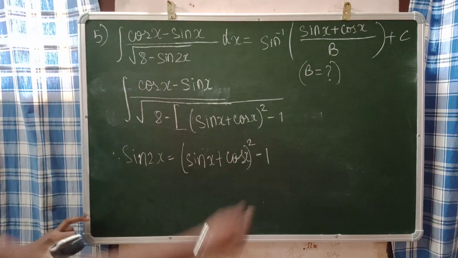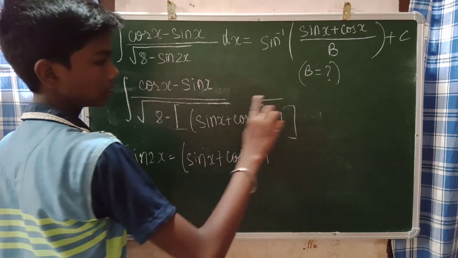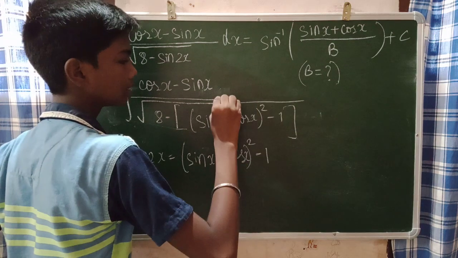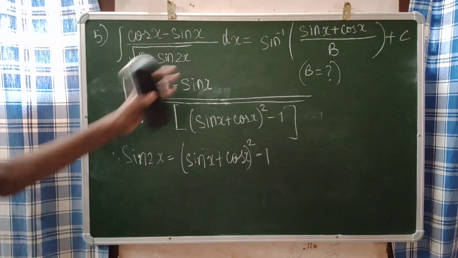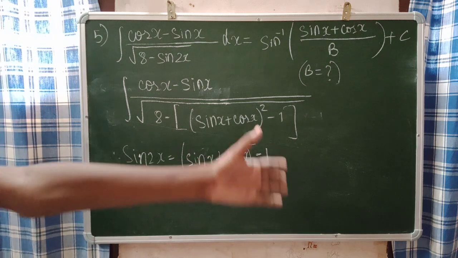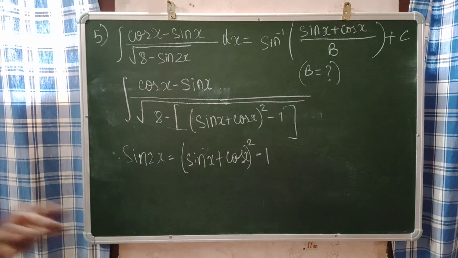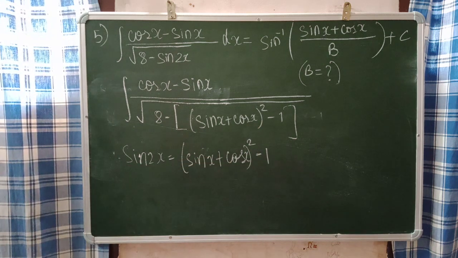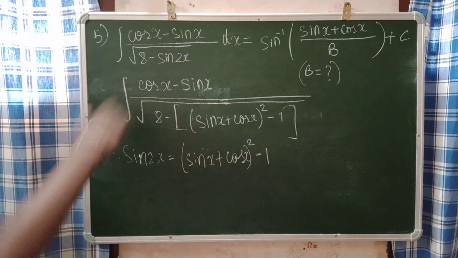I can write like this now. Think carefully: I just replaced sin 2x with (sin x plus cos x) whole square minus 1, because just now we evaluated sin 2x as that.